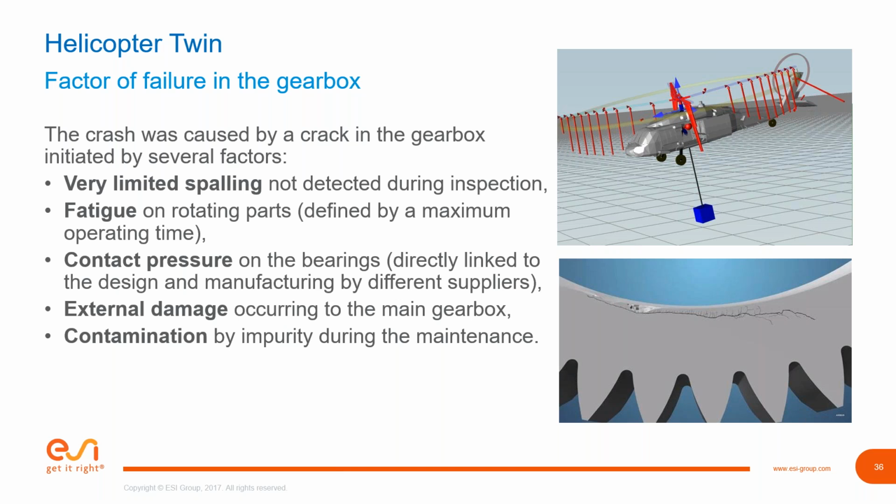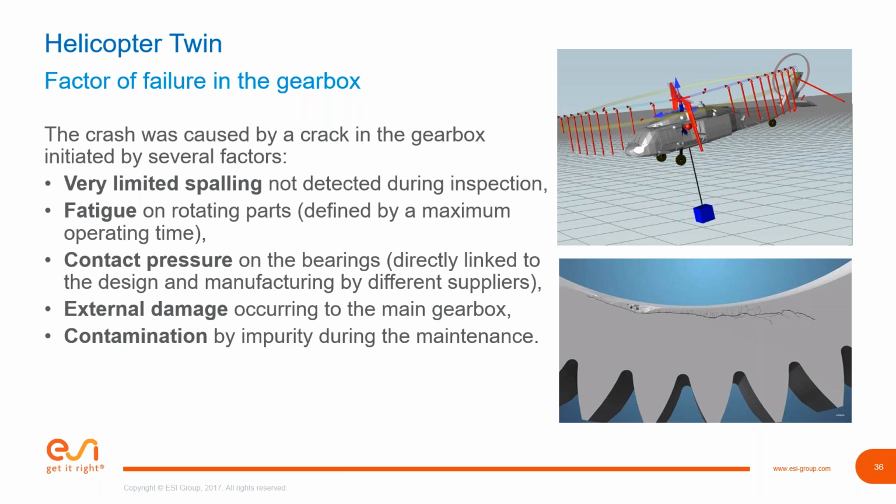So some non-detected aspects during inspection, some fatigue parameters, contact pressure. This is very much in the design, and they were not taking into account the variation of one supplier with regard to the other.